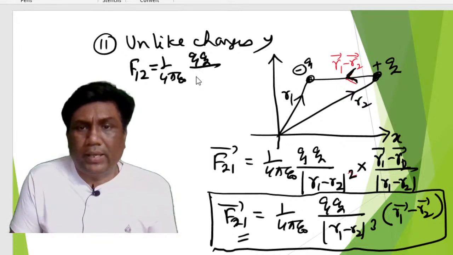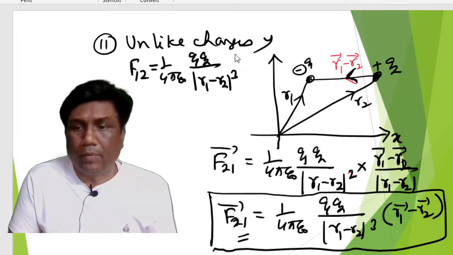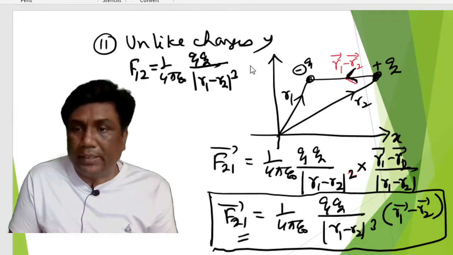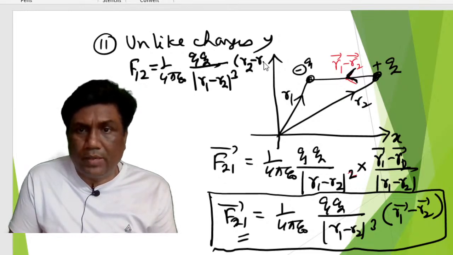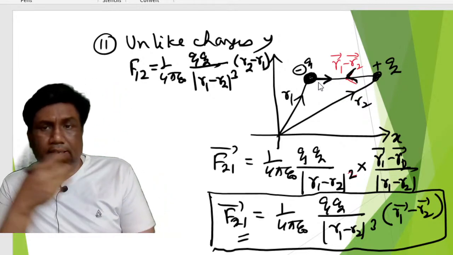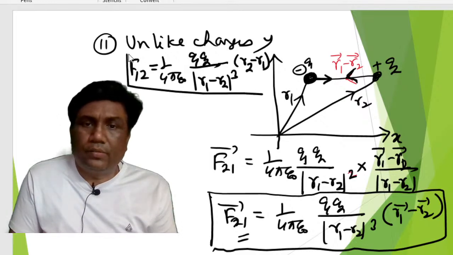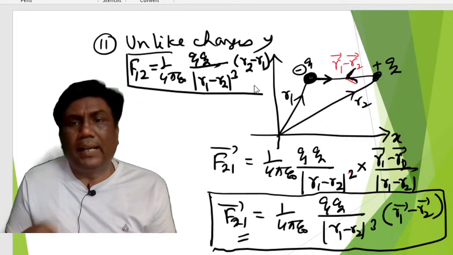If by mistake you change the magnitude part to r2 minus r1, there will be no problem because it is magnitude, but remember this part should be exactly the same. Now this will be r2 minus r1 because the direction will be opposite. For the force on this charge, the direction will be this way, because it will attract. So these are the two expressions for unlike charges.